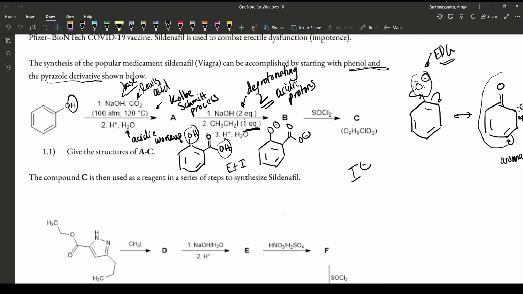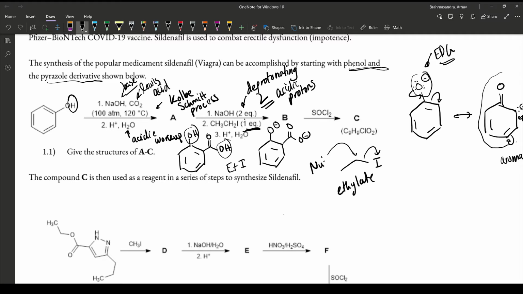So if we have a nucleophile, it can attack the carbon in an SN2 type reaction, and we're going to ethylate some nucleophile. We're going to add an ethyl group to the nucleophile, and the iodine leaves, right?